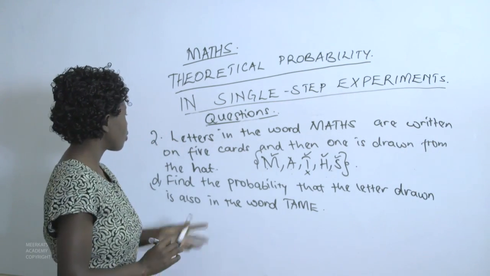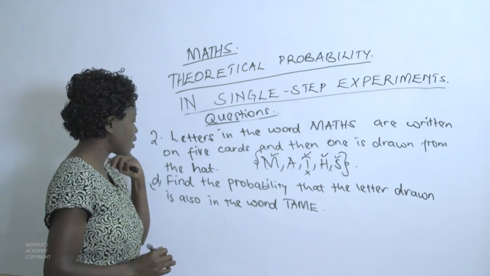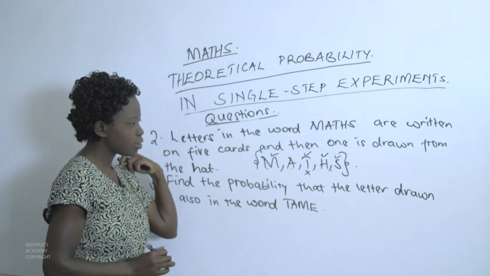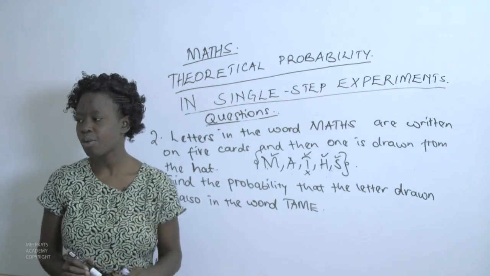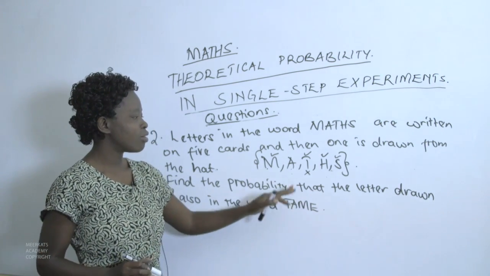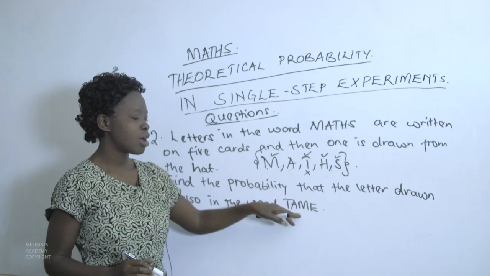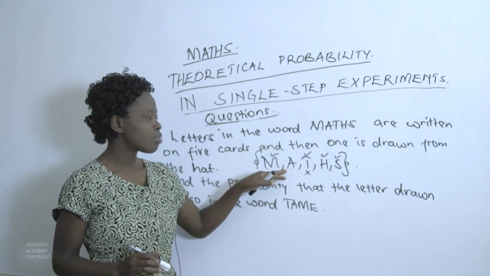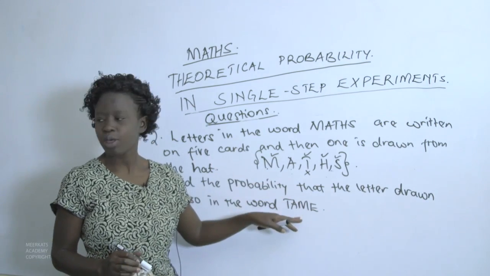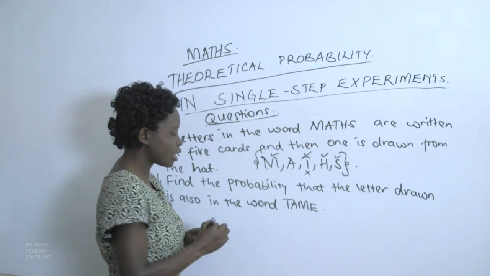So the last question on that, we are being asked to find the probability that the letter drawn is also found in the word term. So we have the word maths and we also have the word term. We need to find out which letters in maths are also in the word term.